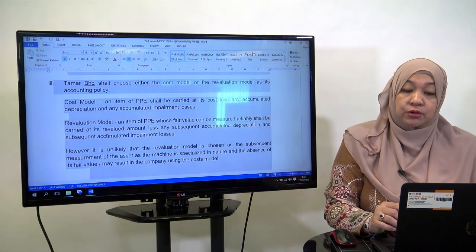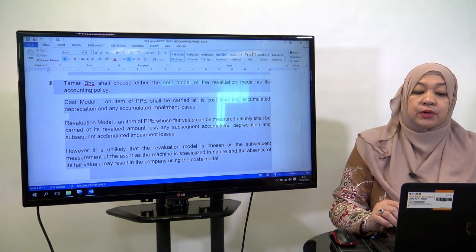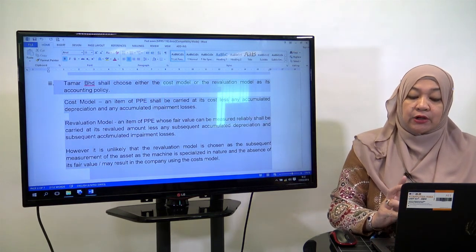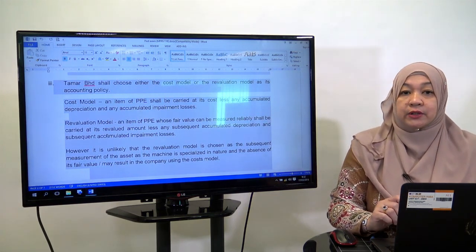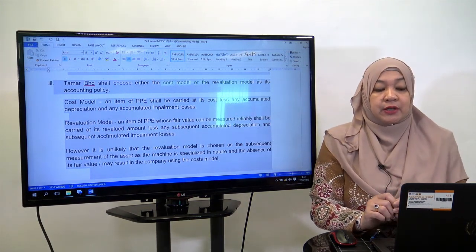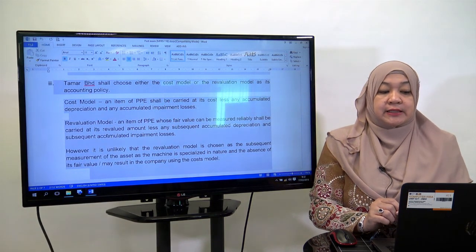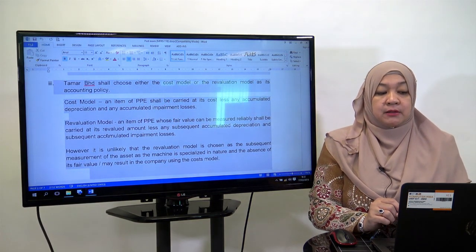However, you can also use the revaluation model, but only when the fair value can be measured reliably, where the PPE is carried at its revalued amount less any subsequent accumulated depreciation and subsequent accumulated impairment loss.